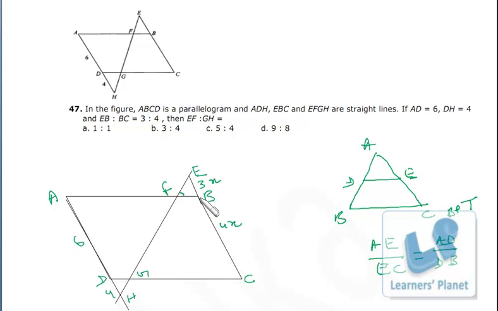To apply it, EB by BC is 3:4. So the ratio EF to FG will also be 3:4. But be very clear that the exact value may not be the same. If it is 3x, 4x, you need to choose another multiple. So I take this as 3a and this as 4a, right? It may be 3x, but it will be 3a.